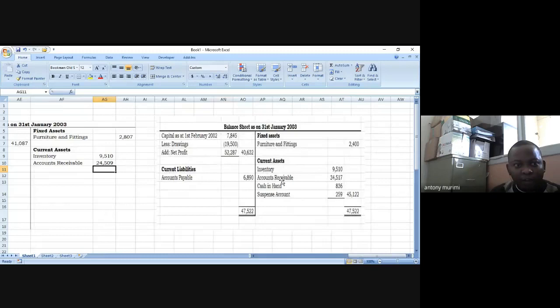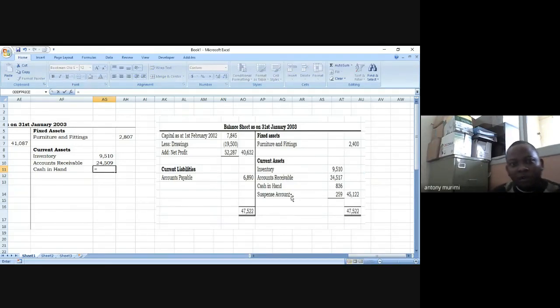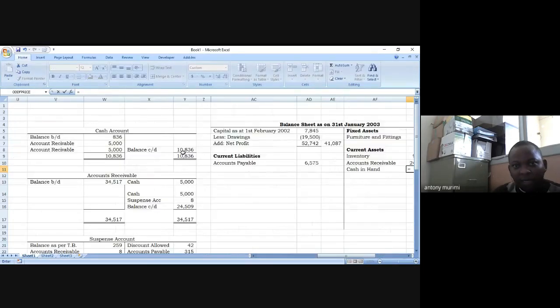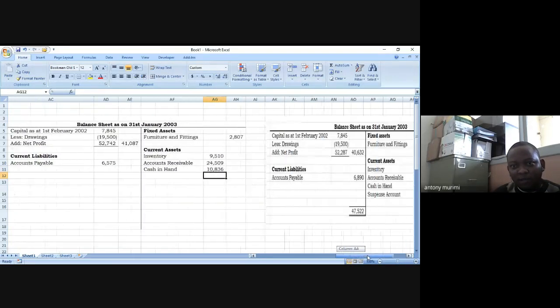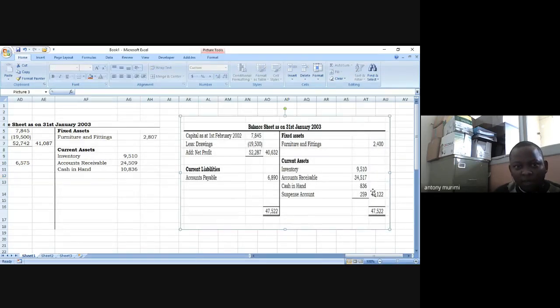Then we have cash in hand. The cash in hand amount also is supposed to change because there's a correction, from 836 to 10,836. Then I don't think we have anything else. The suspense account balance has been eliminated, so we do away with that.